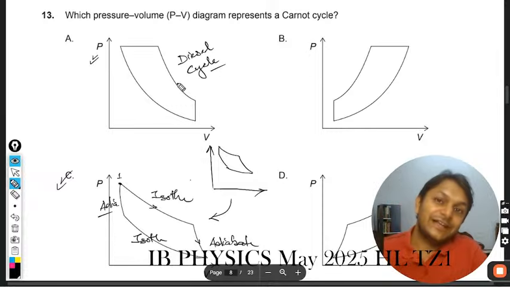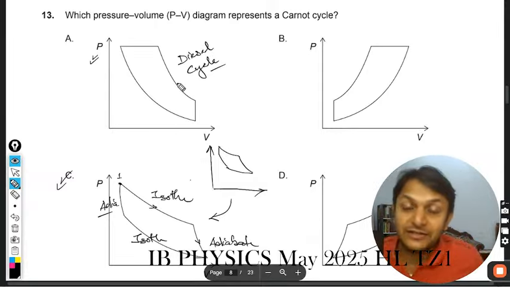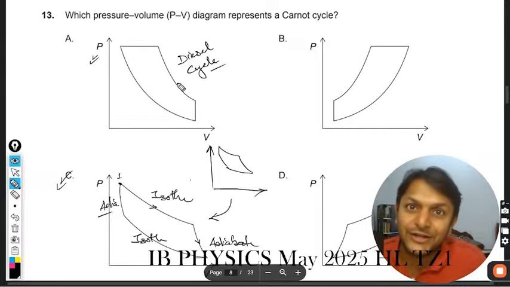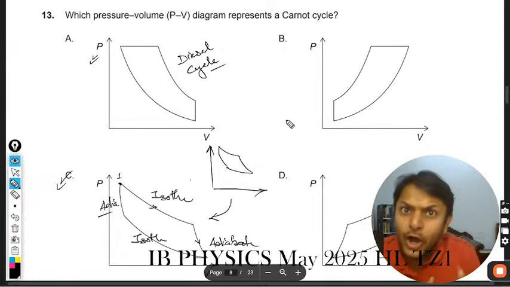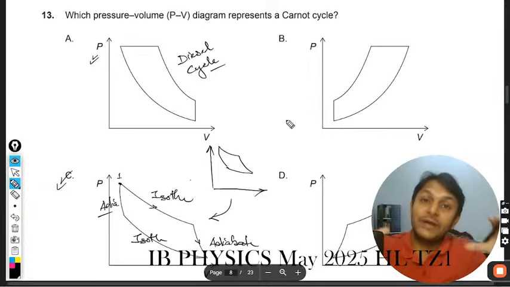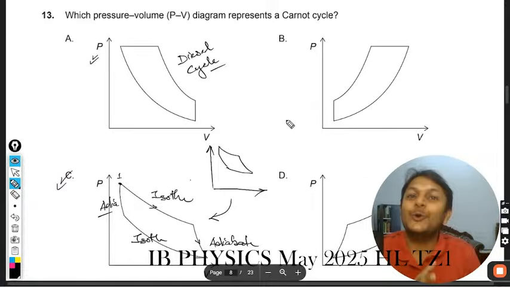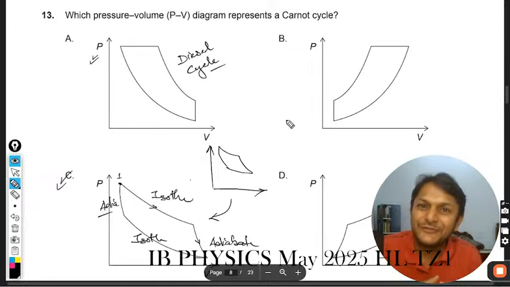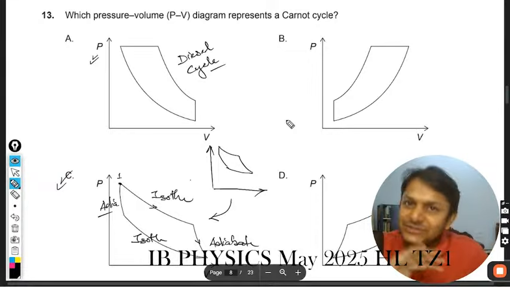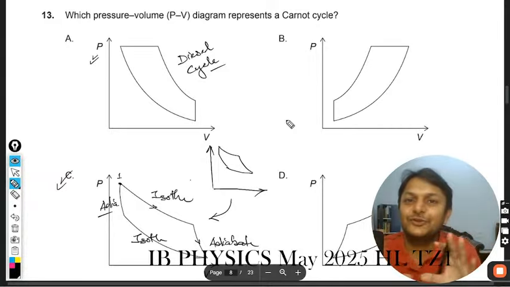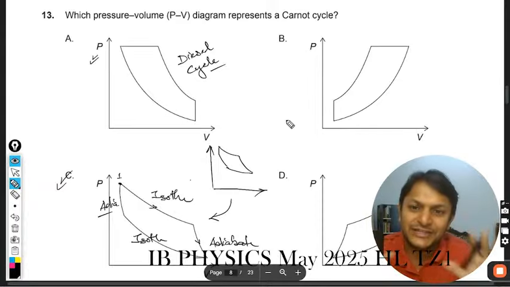And then there are other cycles, named like the Otto cycle. Then there is another cycle named the Brayton cycle. Then there is another cycle, the Lenoir cycle. Yes, there are so many cycles. So once you go into university, if you opt for physics, you will find so many other cycles. I'm just giving you this piece of information to make physics even more interesting for you, nothing more.